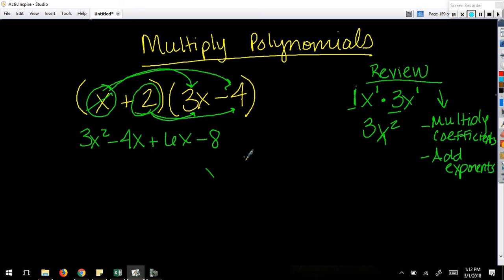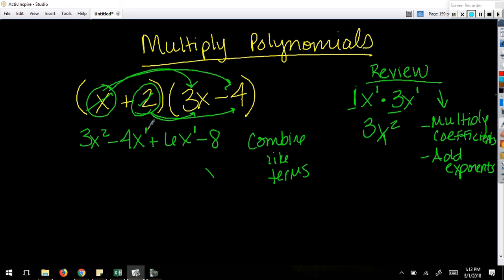Okay, so all I need to do now, and if there was a third term in that parentheses, then I'd go ahead and circle that one and push that one on through also. But since there's not, and I'm done, I want to clean it up a little bit, and to do that I'm just going to combine my like terms. If you don't remember what like terms are, they have the same base and exponent.